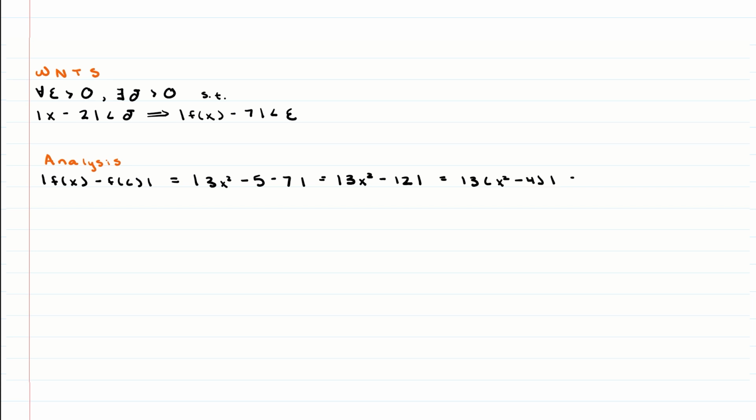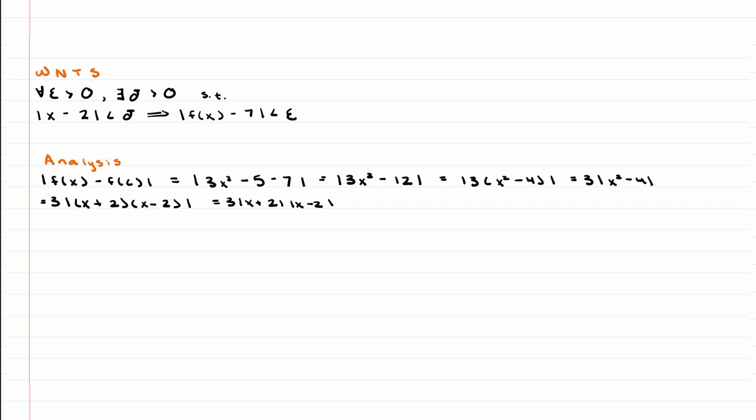And then I'm actually just going to factor out the 3 to the outside of the absolute value altogether. So we've got 3 times the absolute value of x² - 4, and x² - 4 can be rewritten as x + 2 times x - 2. And then I'm going to separate those and give them their own absolute values.